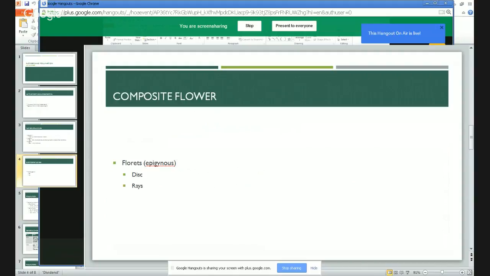And then some of those carpels are actually going to have petals coming off of them. Primarily, though, it's just going to be on the sunflower family, just around the edges. But if you've ever looked really closely at a sunflower, you can see all of these different parts.